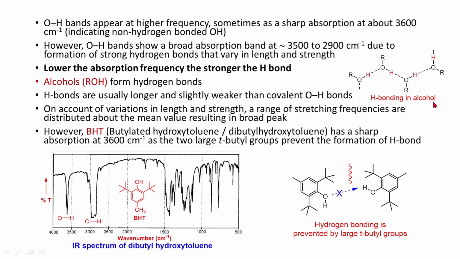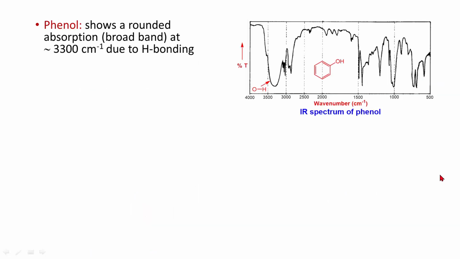If we have hydrogen bonding, then the peak becomes broad. Phenol shows a rounded absorption, which is a broad band at 3300 centimeter inverse. This is due to hydrogen bonding.